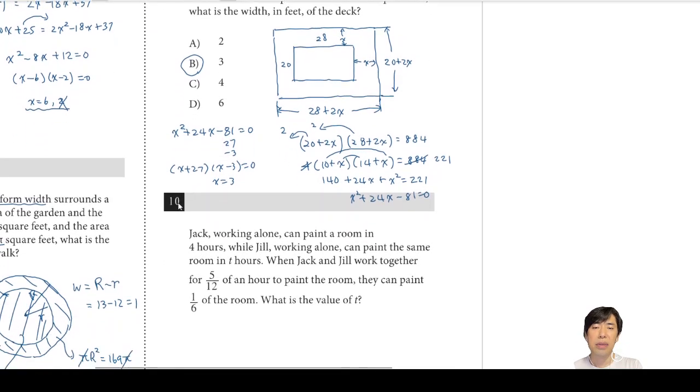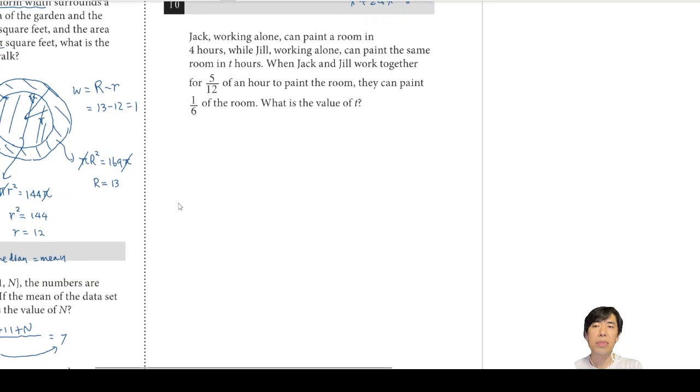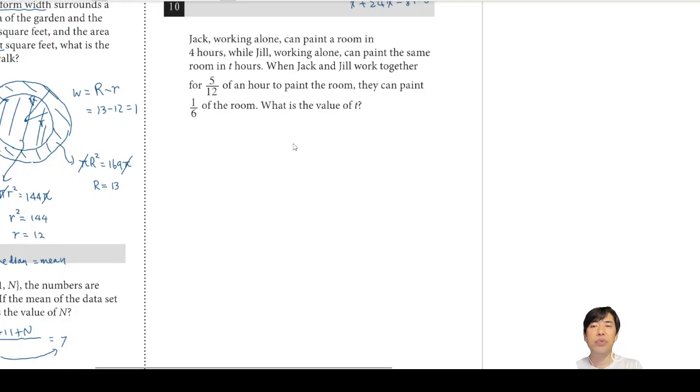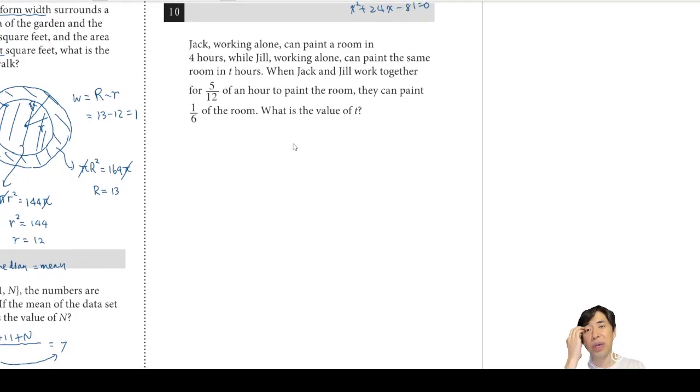Number 10. Jack, working alone, can paint a room in 4 hours, while Jill, working alone, can paint the same room in T hours. So for something like this, you have to get a what? The rate of work. So Jack can do one task in 4 hours.